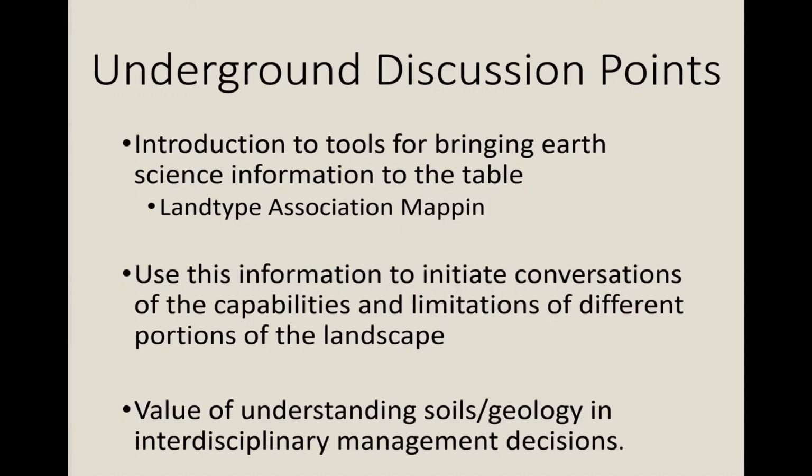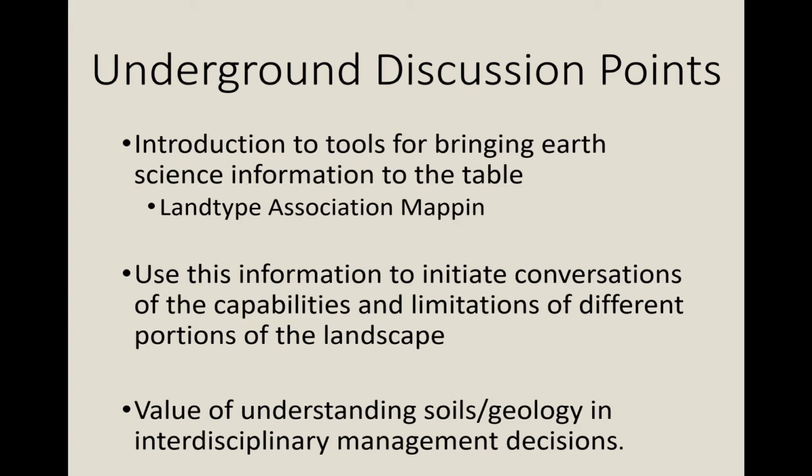So today I want to introduce you to some new and developing tools that highlight geomorphic and soil information on National Forest System lands in Region 6, the PNW. I'll present new mapping that has been done to delineate land type associations. These delineations help resource managers organize landscapes into smaller units that are similar in function.